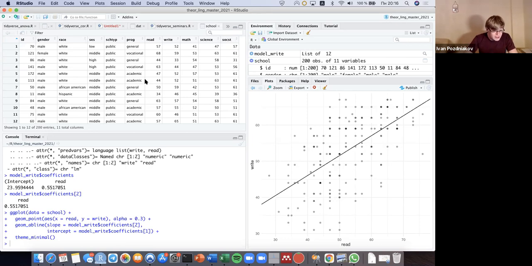And we cannot use all these variables to make a perfect prediction of writing scores, for example, right? We cannot build a perfect model for that, and we need to just be okay with it.